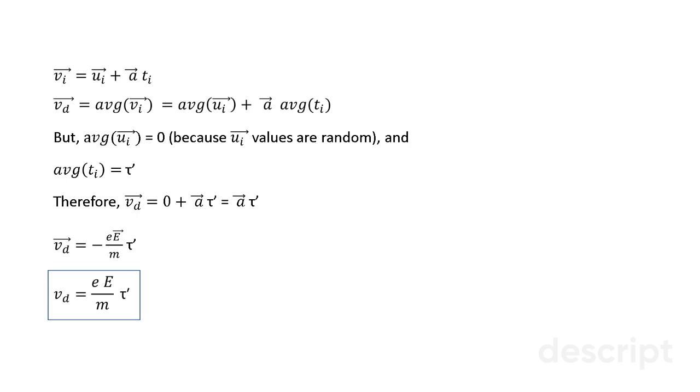Therefore, Vd equals a into tau prime, or substituting the value of a, you will get Vd equals negative small e into capital E, which is the electric field, into tau prime divided by m, which is the mass of the electron. From this, you can find the magnitude of drift velocity.